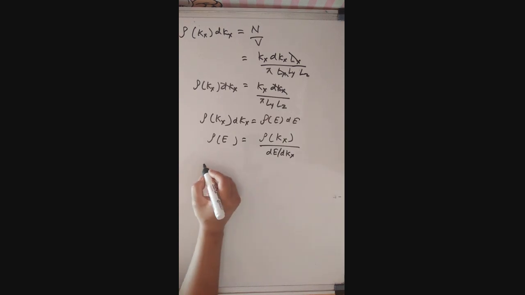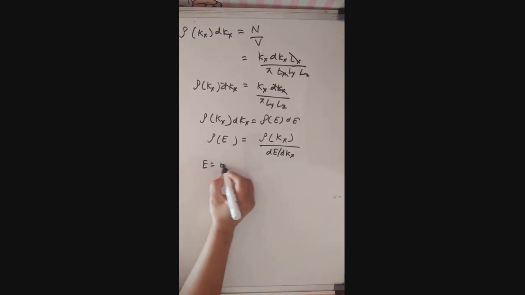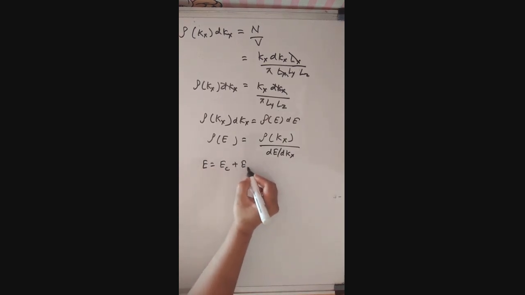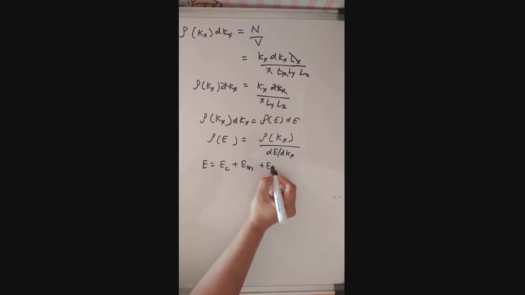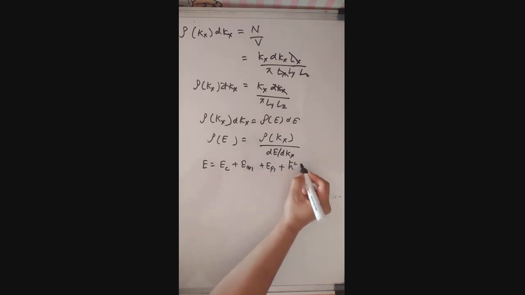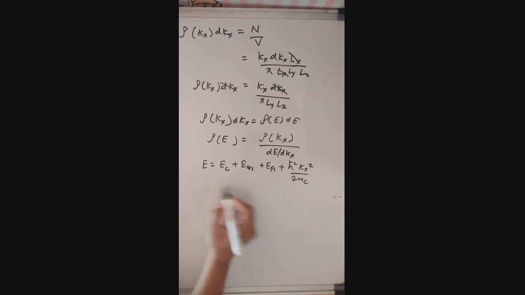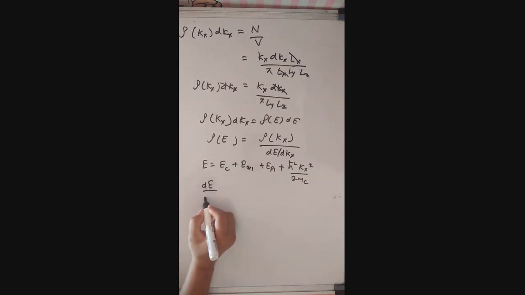For dE by dkx, we already know the value of E: E equals EC plus EQ1 plus EP1 plus h cross square kx square upon twice of MC. From here we will find the value of dE by dkx.